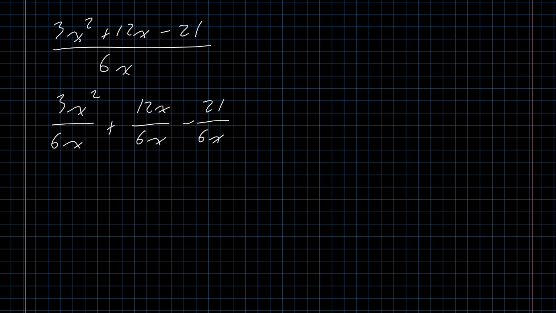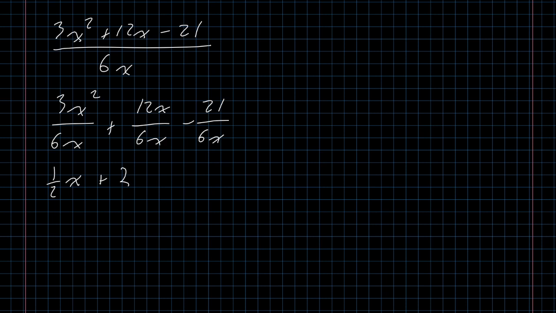3 over 6 is a fraction that reduces to 1/2. x squared over x is x. 12 over 6 is 2. x divided by x is x to the 0, which is just 1.